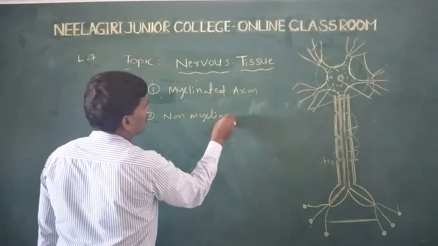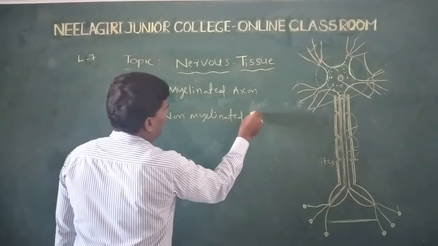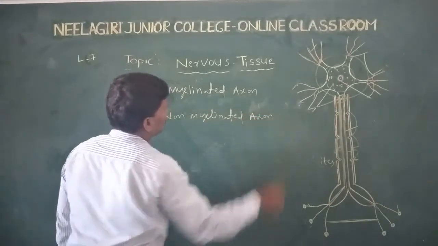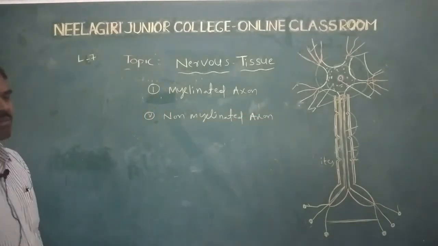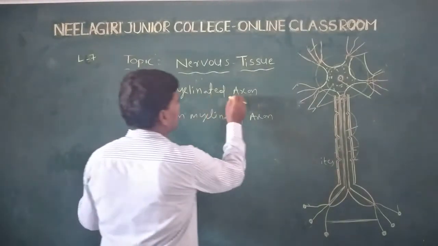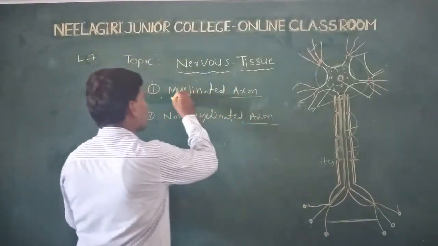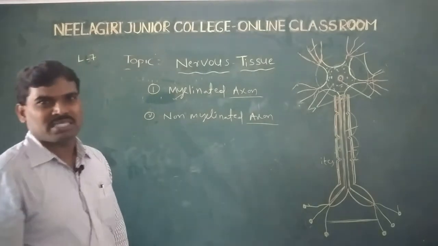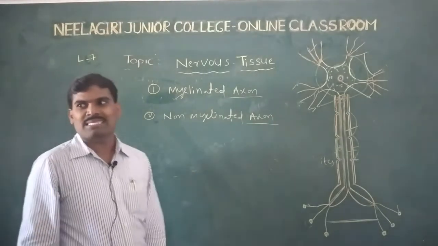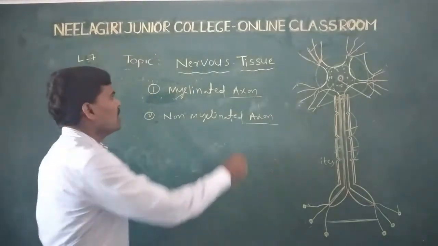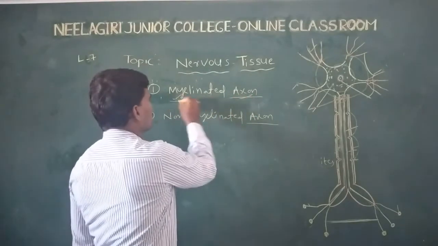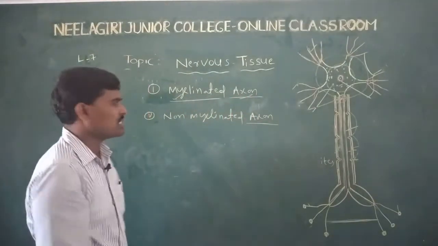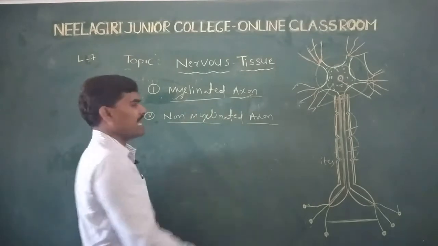Depending upon the presence or absence of the myelin sheath, axons are of two types.